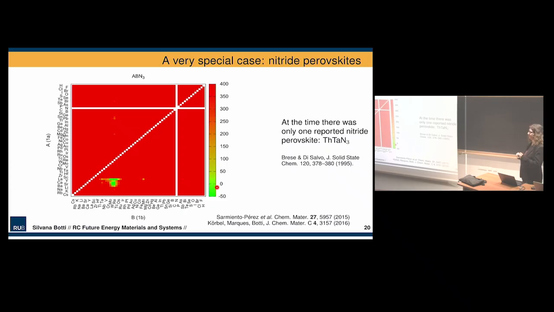It means that we find something that was not in the database, and it is lower than the existing convex hull. After that we have to recalculate the convex hull, and this will shift everything down, so we will not have any more negative formation energies. But when you do the search, you find some things that are negative, so it means that they should be on top of your convex hull.